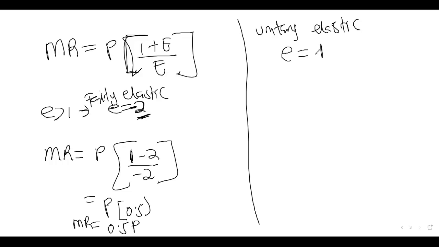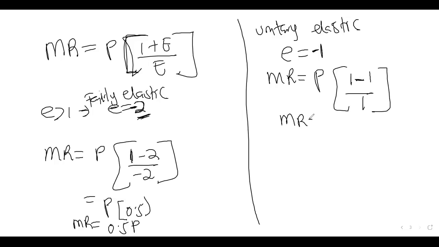Elasticity is equal to -1, since price elasticity of demand is always negative. So the marginal revenue will be equal to P into bracket 1 plus -1, that's 1 minus 1, all over -1. So marginal revenue will be equal to 0.